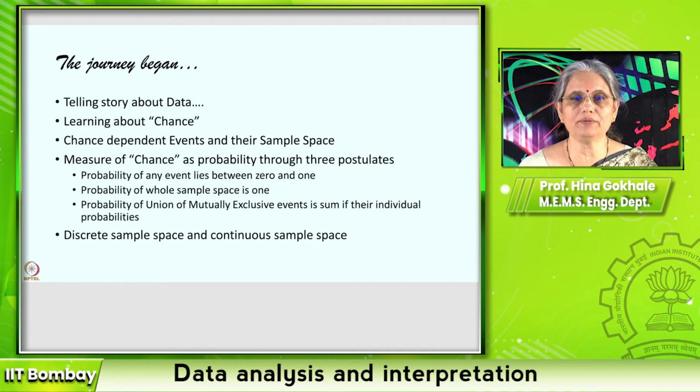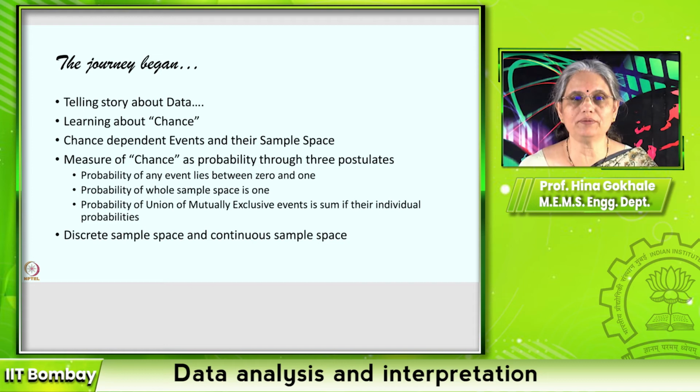Then we started learning about chance, and we defined chance-dependent events and their sample space, and then we came to the measure of chance as a probability with 3 postulates. We said that the probability of any event lies between 0 and 1.